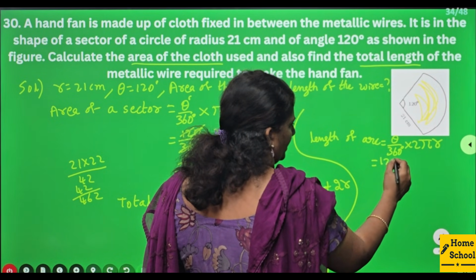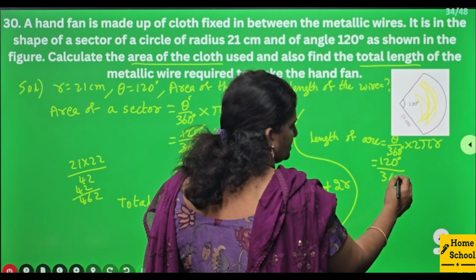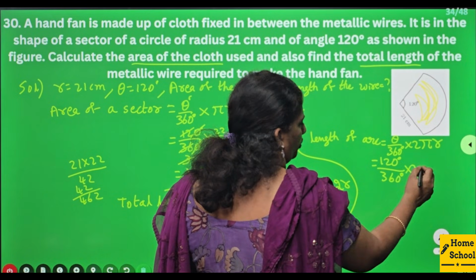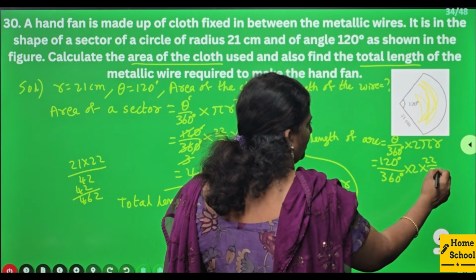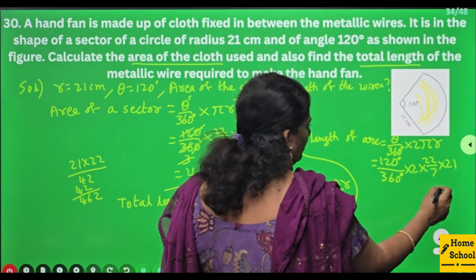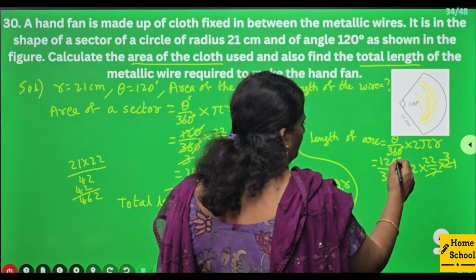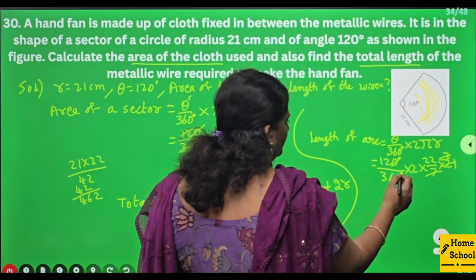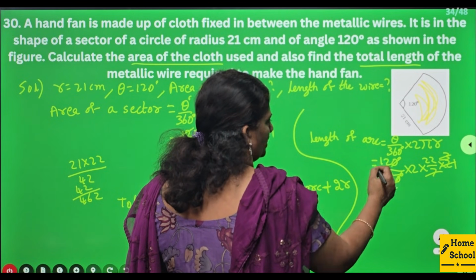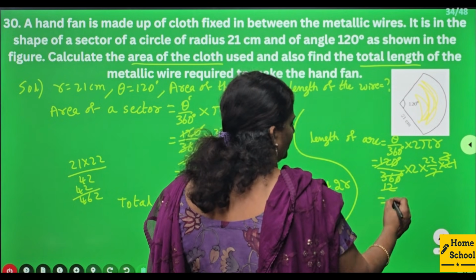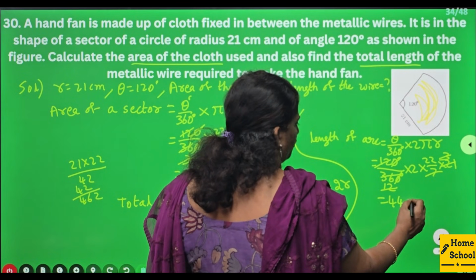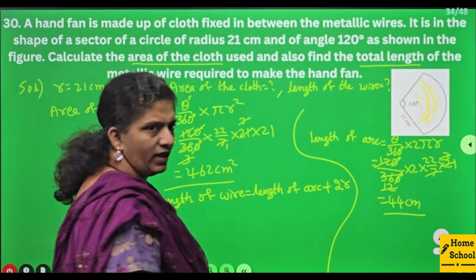Theta 120 degree by 360 degree into 2 into 22 by 7 into radius is 21. 7 3s are 21, 0 0 cancel. 3 12s are 36, 12 cancel. Therefore 22 2s are 44 centimeters is the length of the arc.